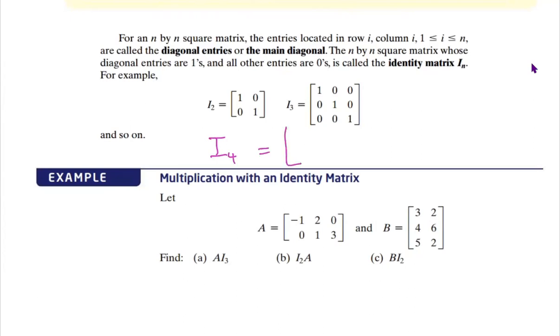So that's 1, 0, 0, 0; 0, 1, 0, 0; 0, 0, 1, 0; and then the last row would be 0, 0, 0, 1. So that is the 4 by 4 I: 1 on the main diagonal and zeros outside of the main diagonal.